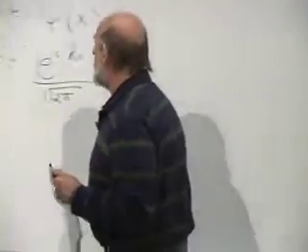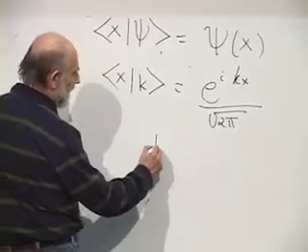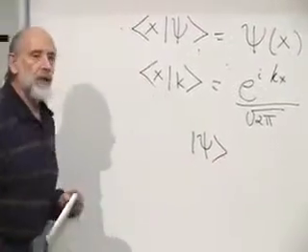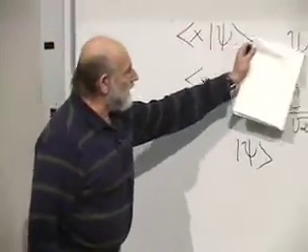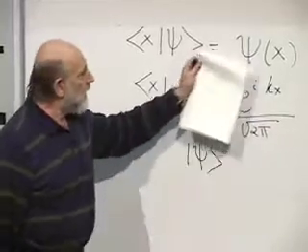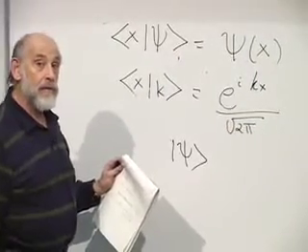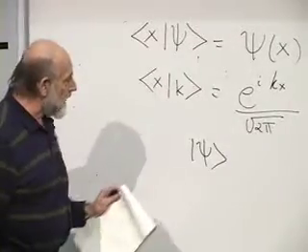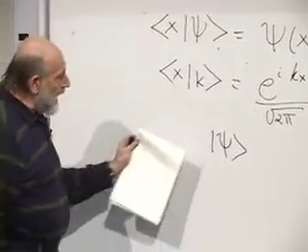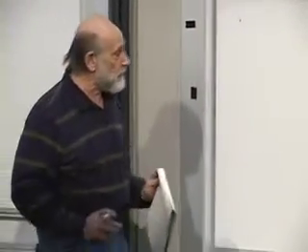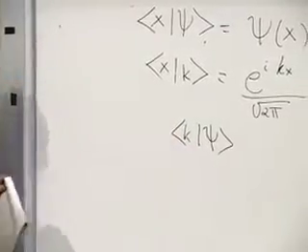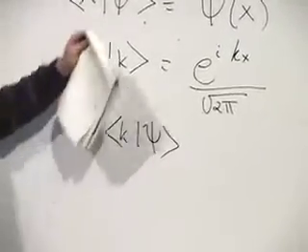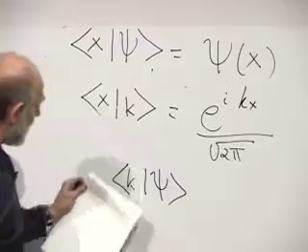Now let's take a more general state, psi, and I'm interested in what's the probability that it has different momentum. Here is the probability amplitude for it to have different positions. I multiply it by its complex conjugate to find the probability. Now I want to know what's the probability for finding different momenta if I were to measure the momentum instead of the position. Well, that's equal to the square of this quantity. k, of course, being related to the momentum by a factor of h bar, which I will ignore.